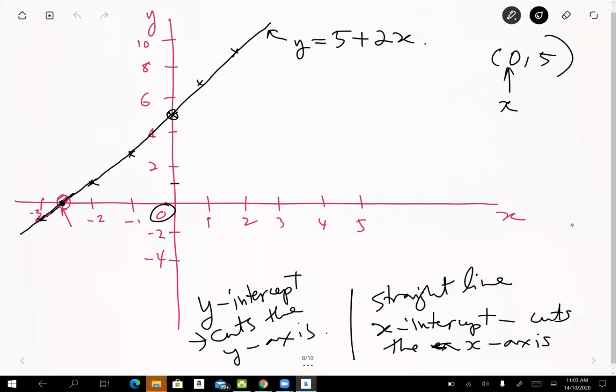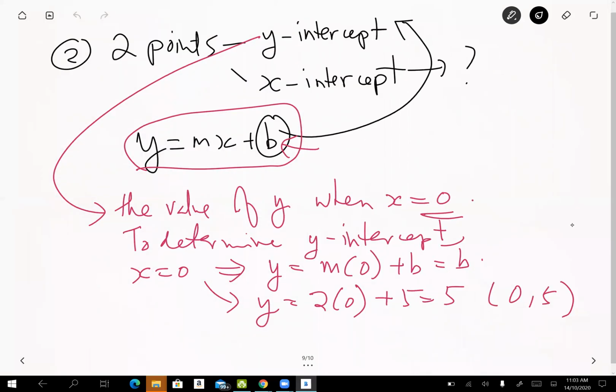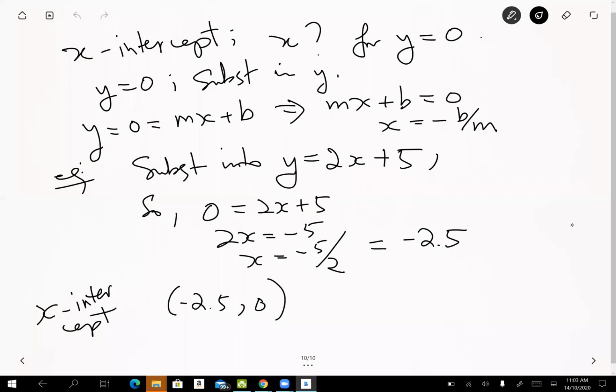So this method where you find the 2 points will be easier to draw because you need only 2 points. One is the y-intercept, which is (0, 5). The other is the x-intercept, which we already found, negative 2.5, 0.